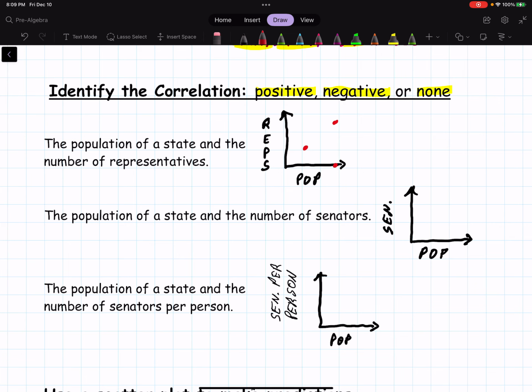If you followed along in your social studies class, in your civics class, you know that as the population increases in a state, they get more of the allotment of state representatives to go to Congress. So this chart would look something like this. I'm just making up examples of the data. And if we drew a line of fit, it would look something like that. And we'd have a very strong correlation. You'll notice that it's going up. Both things are going up at the same time. So I'm going to give this a positive correlation.